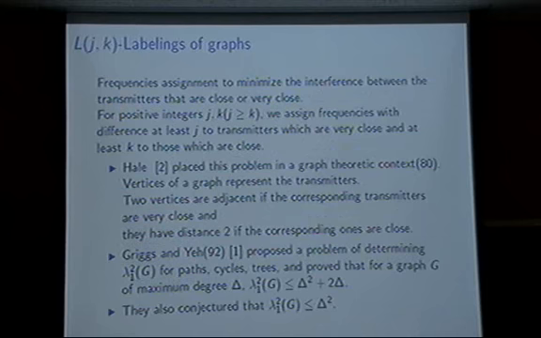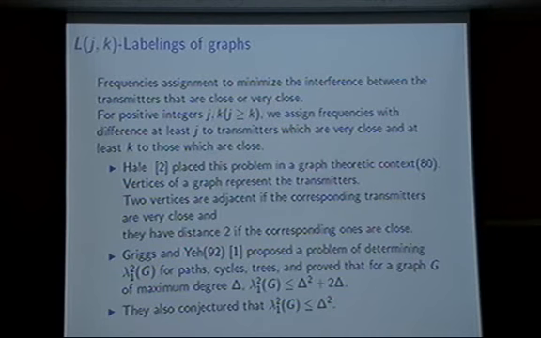This problem came from frequency assignment. So you have transmitters and you assign frequencies. If two transmitters are very close, then to avoid interference between them, they want to put very different frequencies. And if they are moderately close, then they want to put moderately different frequencies. So Hale placed this problem in a graph theoretic context.